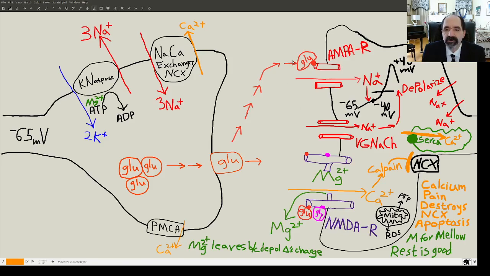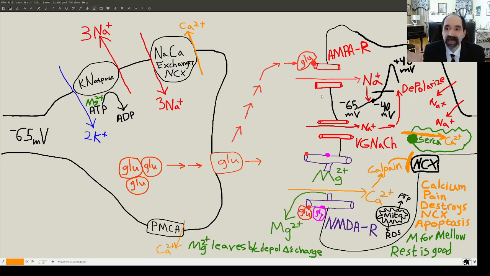The first receptor stimulated up here is called the AMPA receptor. The AMPA receptor is a sodium channel whereby the glutamate neurotransmitter binds a sodium channel, and that allows sodium into the postsynaptic neuron. Now, the resting potential of the postsynaptic neuron is also about -65 millivolts.